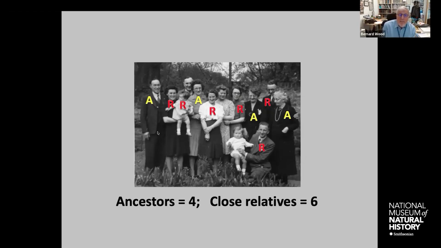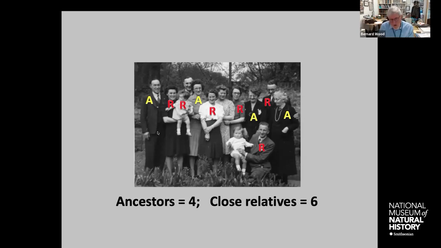And then my father's mother is the next A, and then to the right was her mother. So there are 4 ancestors, but there are a larger number of close relatives. Ancestors equals 4. Close relatives equals 6.